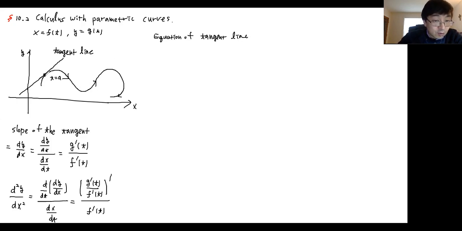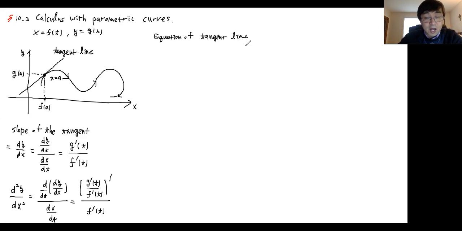First, you can find the x component of this point: you plug a into f of t, so f of a is the x component. You plug a into g of t, so the y component is g of a.